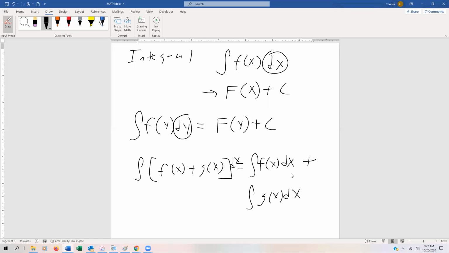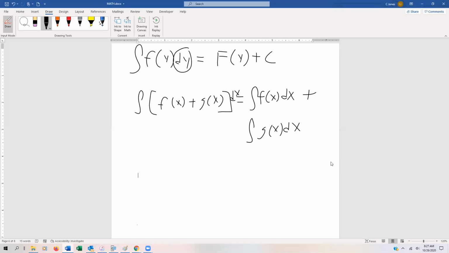Right? So you could just go ahead and distribute that. Or if for some reason you had the integral of a constant times a function, you could just go ahead and factor that constant out of the integral. Right? These are rules that we're going to see throughout. But just letting you know that many of the rules, in fact, all the rules for antiderivatives are going to hold for integration as well, or integrals.